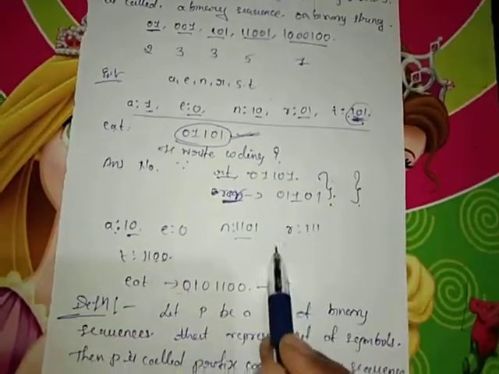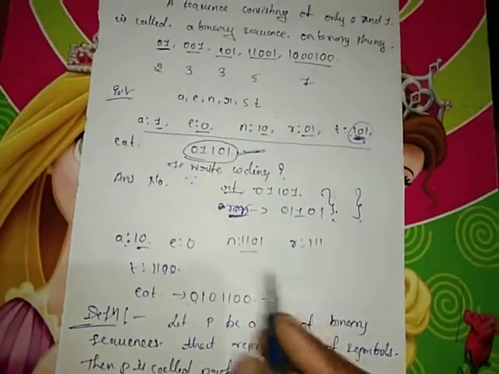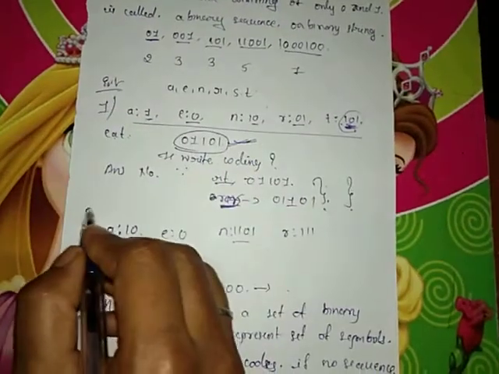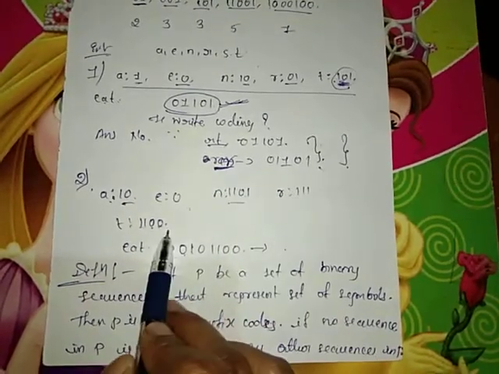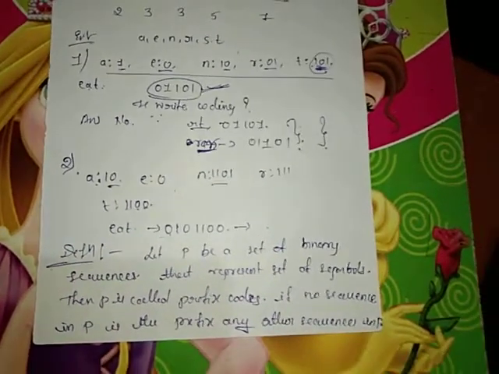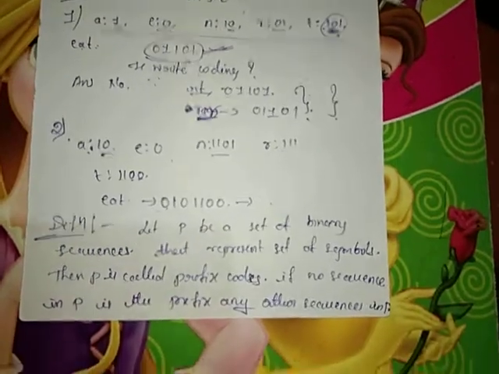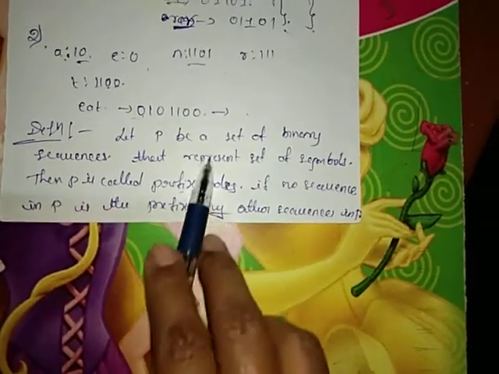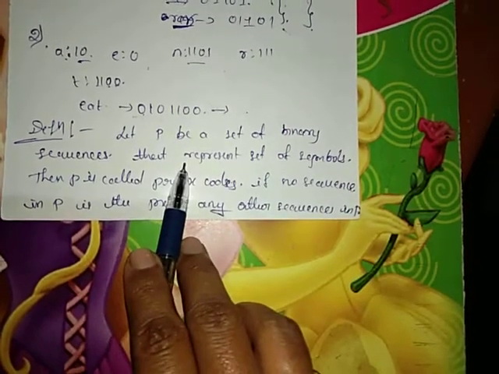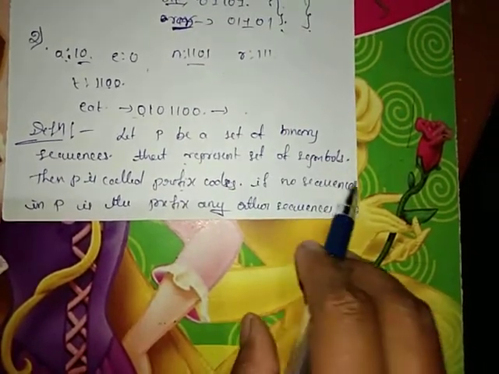But in the second example, this is our first sequence. In the sequence there is no sequence that is a prefix of any other sequence. So on that basis we define the prefix codes. P be the set of binary sequences that represent a set of symbols.